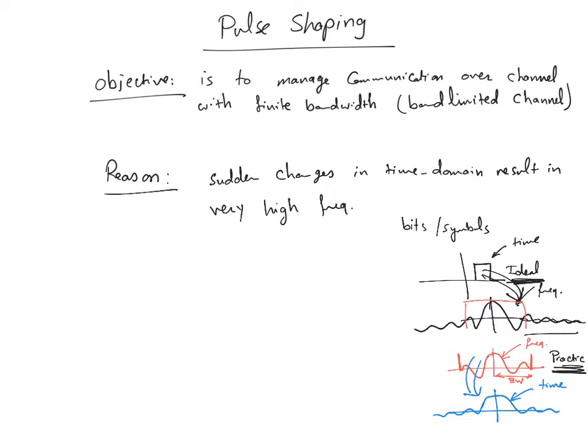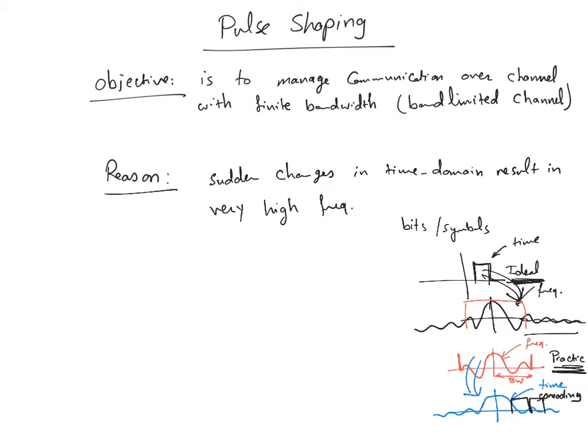The practical case is that the channel is going to stop frequencies higher than a certain value, and accordingly it's going to cause what we call time spreading. So your signal in the time domain is no longer just a square, it's going to be spread across time. Now imagine you send a certain bit value followed by another bit value followed by a third bit value, right?